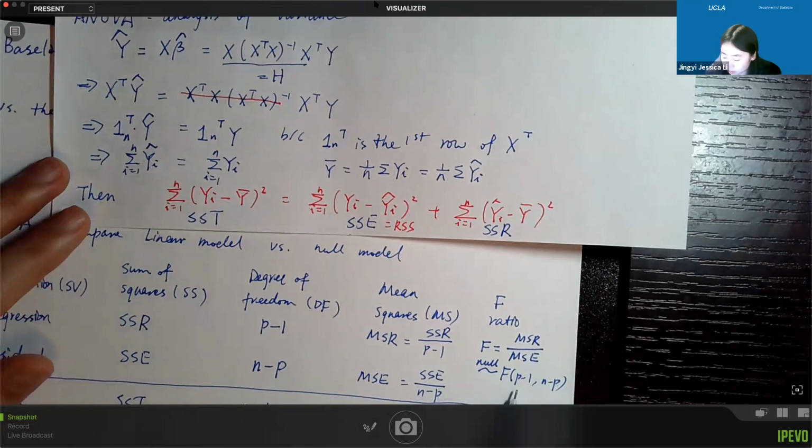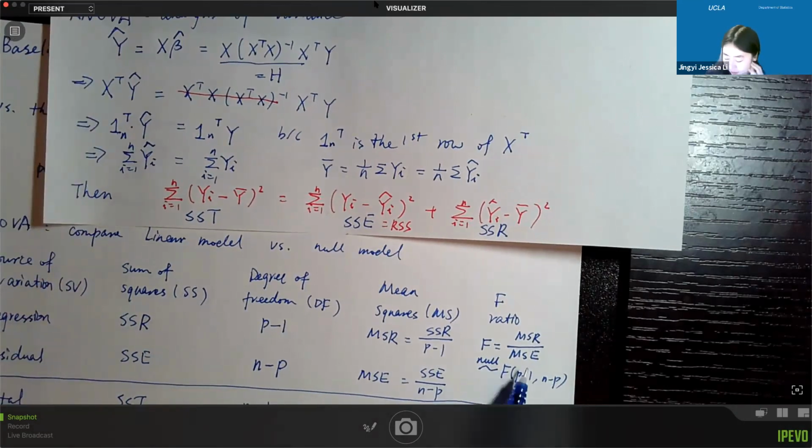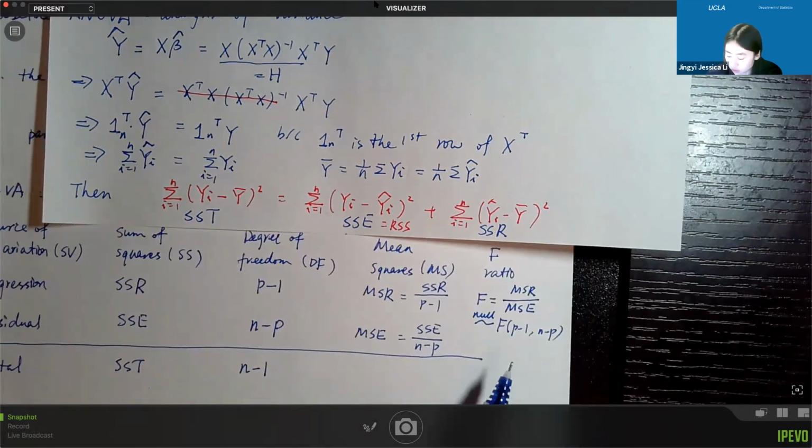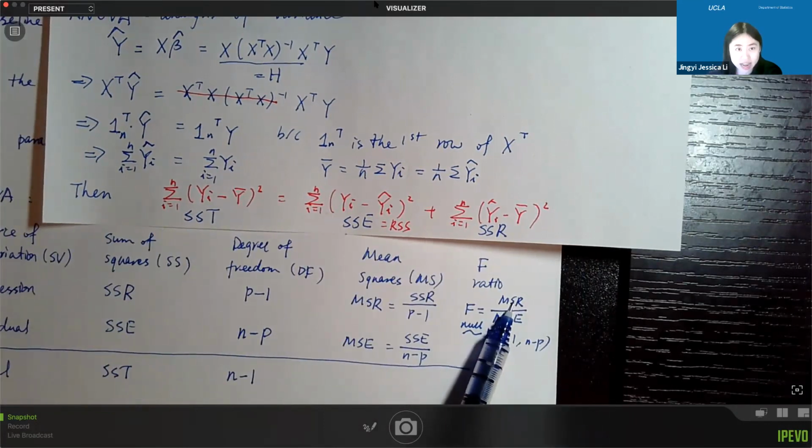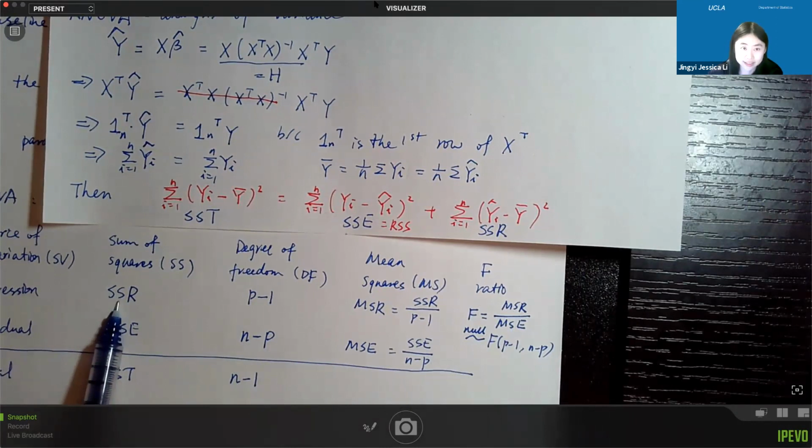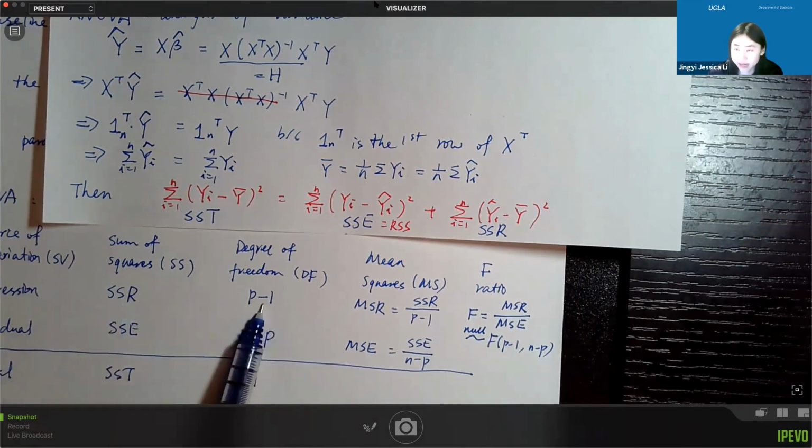Okay, and how can we show that this is exactly an F distribution given we are under the normality assumption? Still, it will be based on the definition of the F distribution. That is, you have the numerator as a chi-square random variable divided by its degree of freedom. So here, SSR is a chi-square random variable divided by p minus 1.